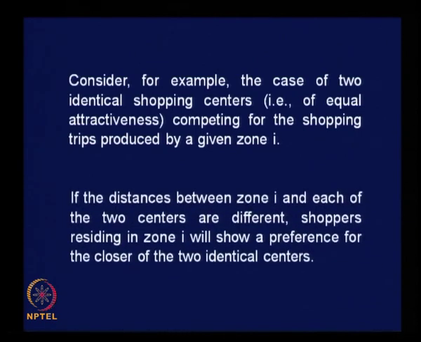If the distances between zones I and each of the two centers are different, shoppers residing in zone I will show a preference for the closer of the two identical centers. That is what I said, okay, right. Attractiveness is same, but distance makes a difference. Shoppers obviously prefer the one which is closer to them. That is how spatial separation comes into play in understanding distribution of trips.